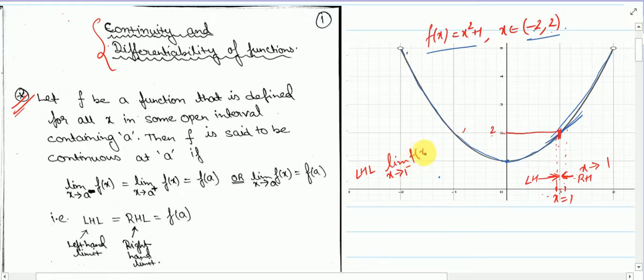F of x is equal to limit x tends to 1 plus. So here you saw that this means right hand limit. When I am trying to approach x from the right hand side, I am getting 2, and when I am trying to approach from the left hand side, still I am getting 2.